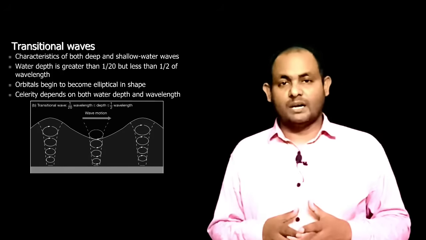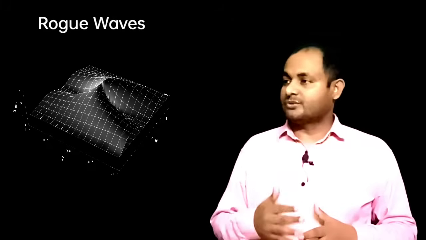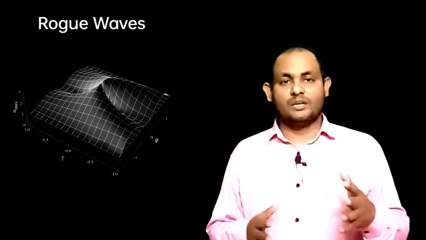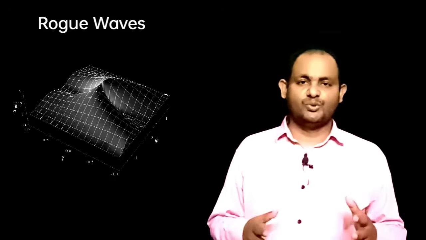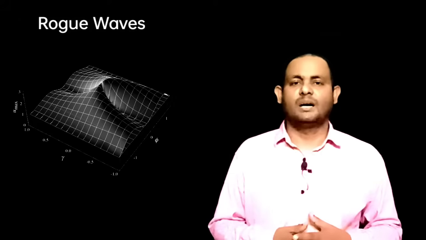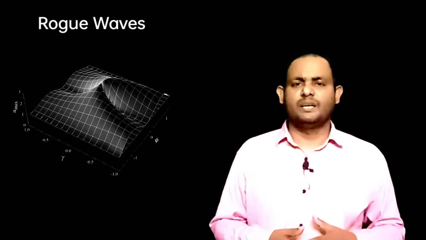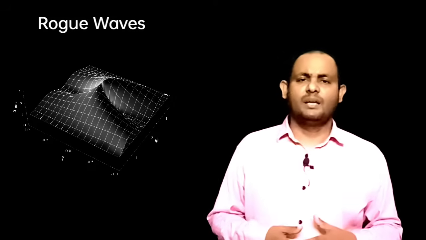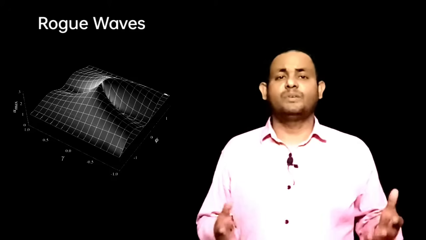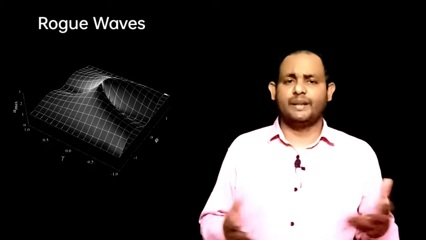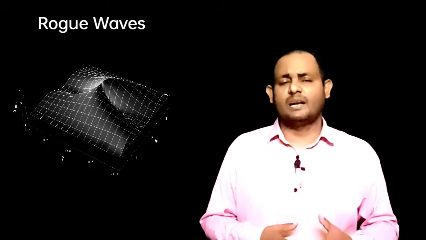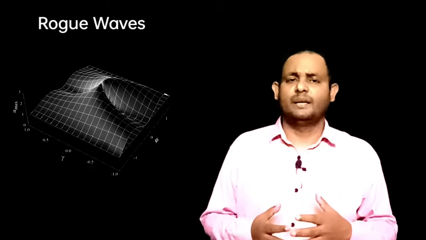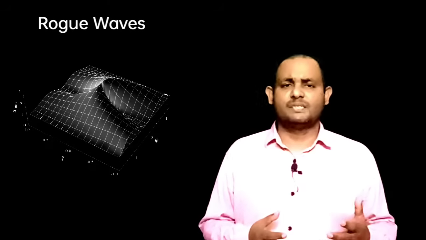Now I explain rogue waves. Occasional, unusual or non-regular sea waves of enormous wave height are called rogue waves or monstrous waves, because such waves occur very rarely and assume very great height and thus become very severe and destructive.